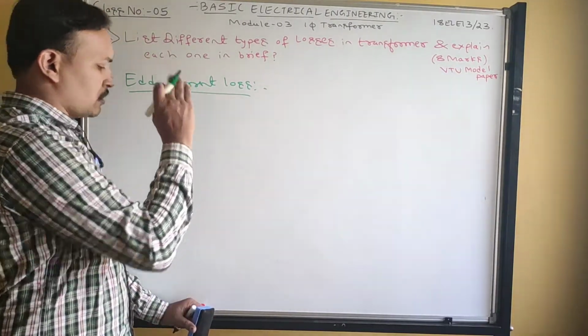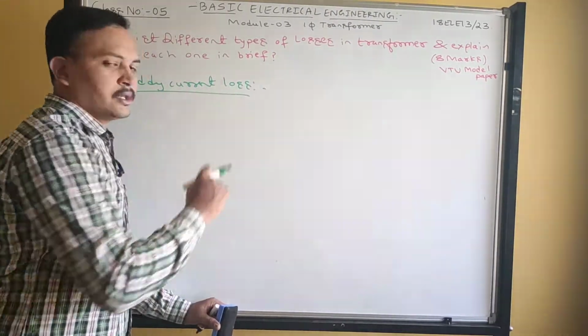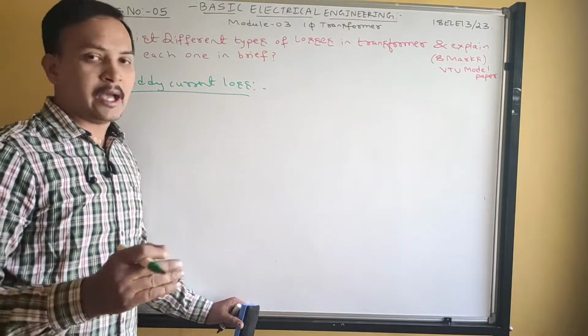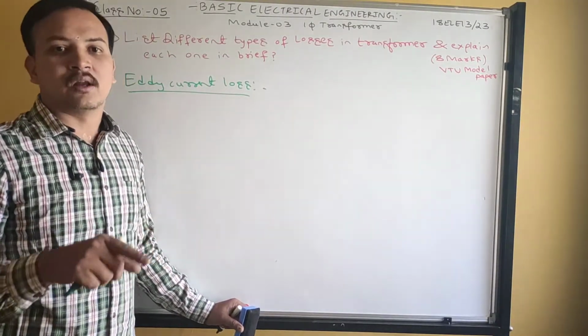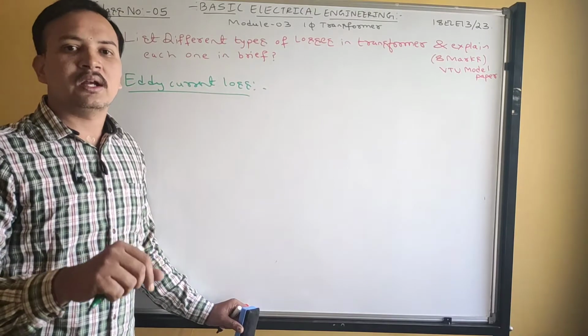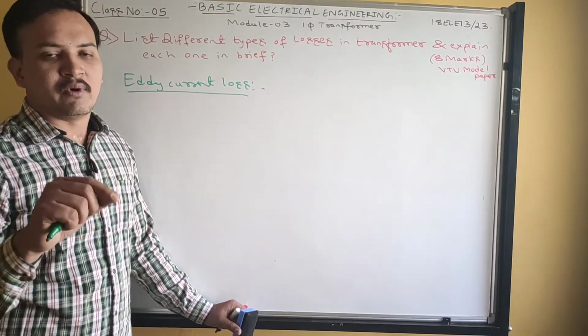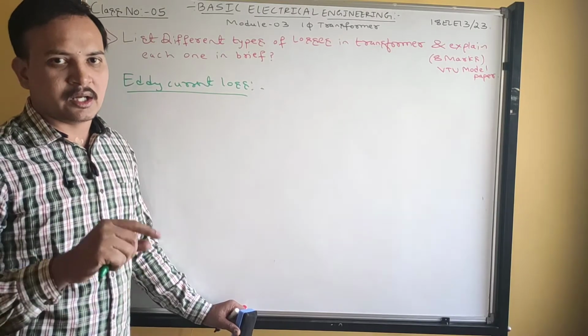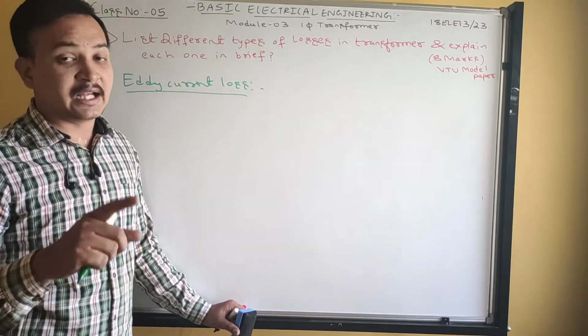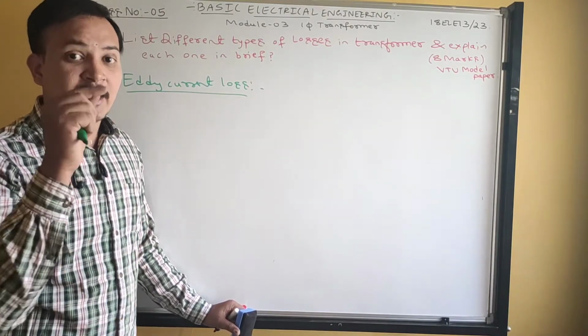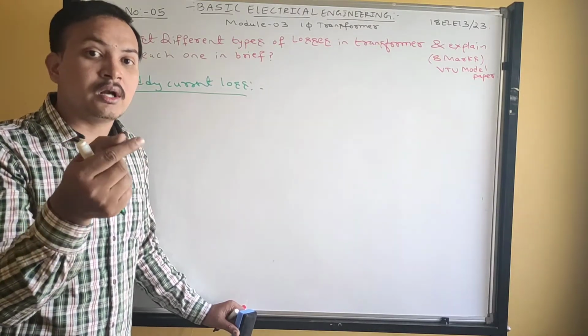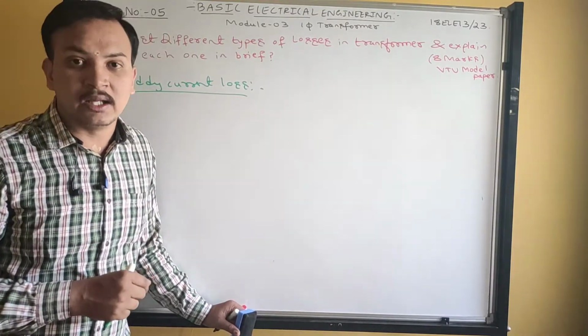Eddy current loss happens within the core itself due to circulating currents. Whenever the windings are excited by the supply, a magnetic field is created. That magnetic field links with the core material.